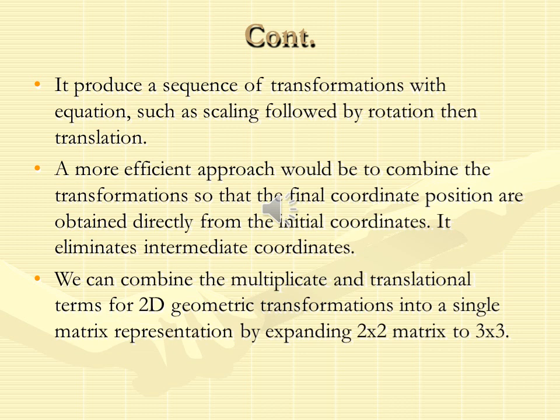A more efficient approach would be to combine the transformations so that the final coordinate positions are obtained directly from the initial coordinates. It eliminates intermediate coordinates. We can combine the multiplicative and translational terms for 2D geometric transformations into a single matrix representation.